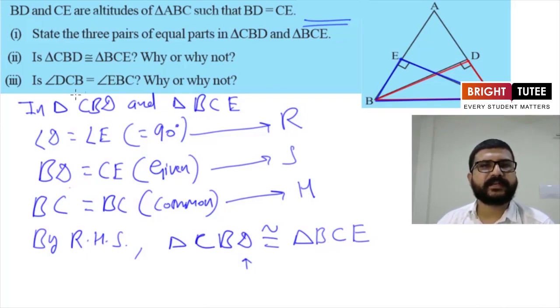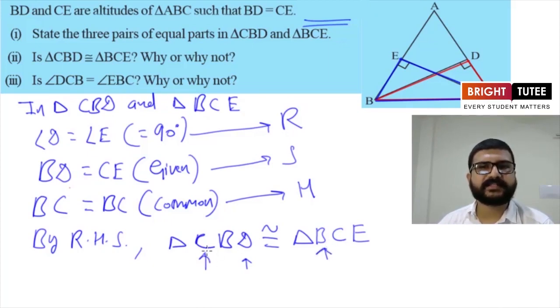And now the third question here is, is angle DCB equal to angle EBC? That is, angle C of triangle CBD is equal to angle B of triangle BCE. So what do you think about these two angles? Is angle C equal to angle B? Yes, as we can see here, C is written here and B is here.